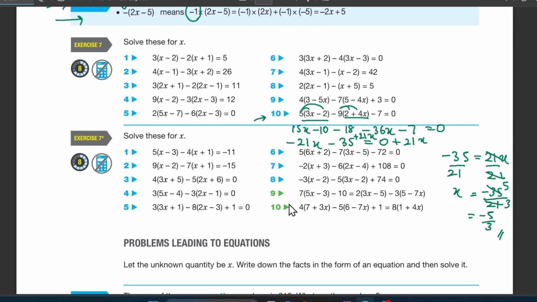Okay, then I'll do the 10th one also. So getting rid of the brackets is the first thing. 28 plus 12x minus 30 plus 35x plus 1 equals 8 plus 32x.